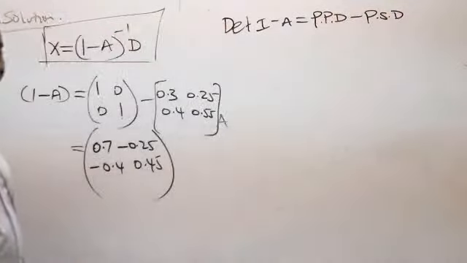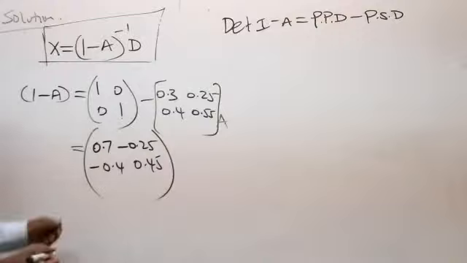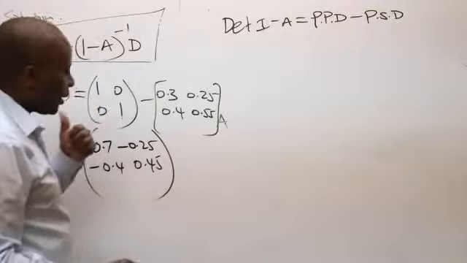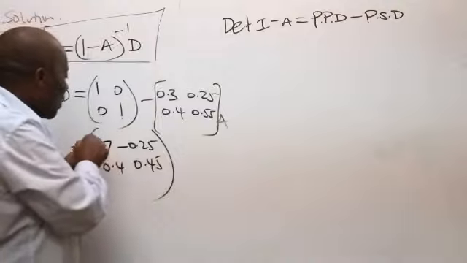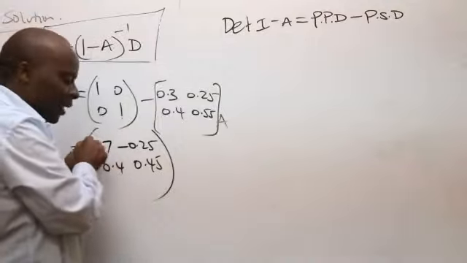It is product of primary diagonal minus product of secondary diagonal. So the primary diagonal in this particular case, if you remember your concepts very well, is the one that normally starts from the first element.